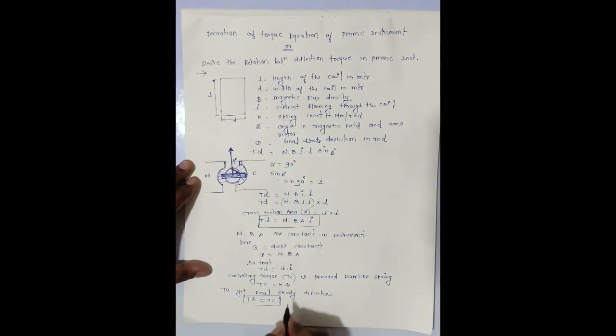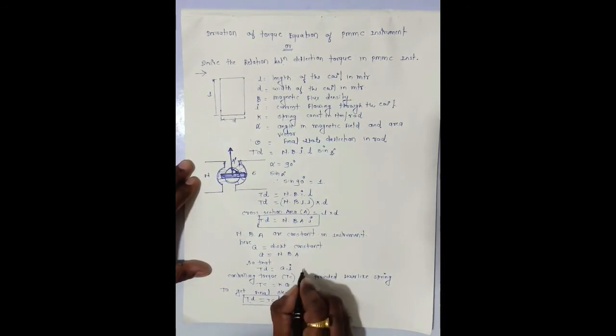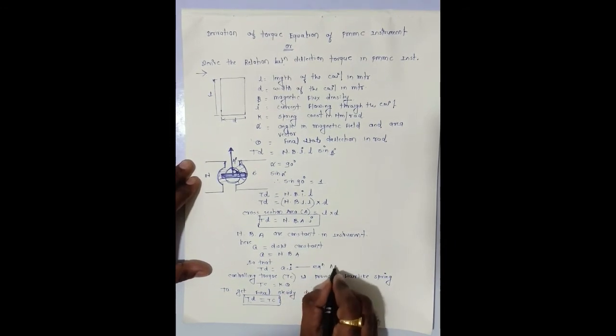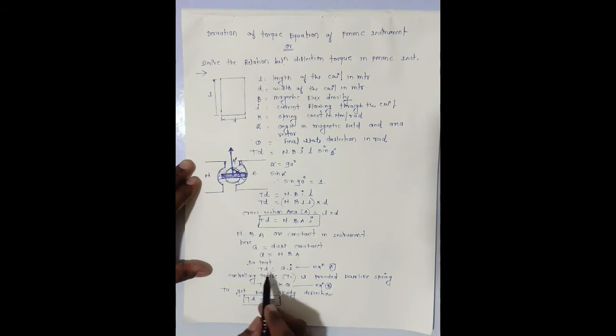Put the values of TD and TC here. We can call this equation A, and this is equation B. So put the value of TD, that is G into I, and the value of TC, that is K into theta, so that G into I is equal to K into theta.